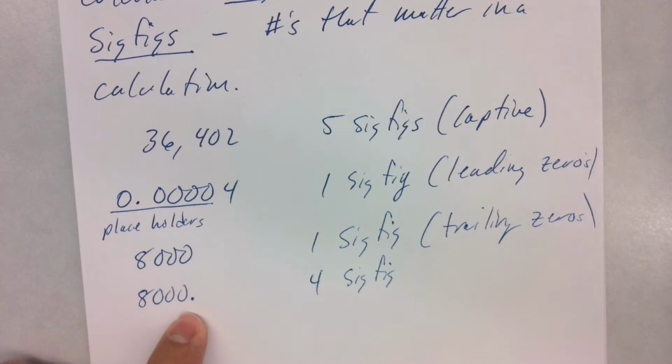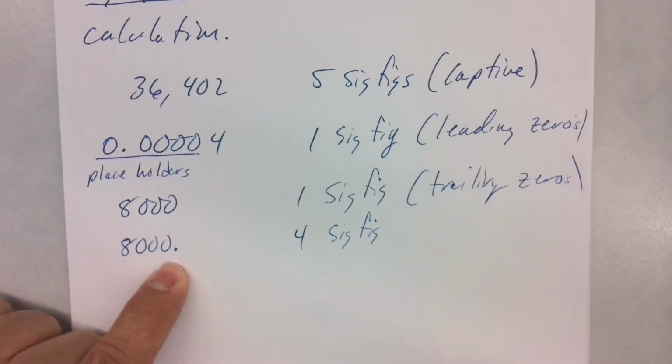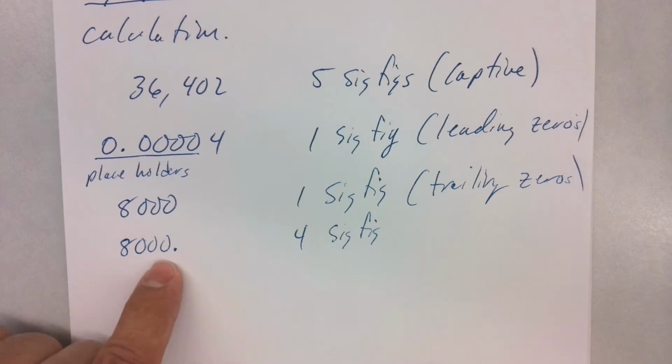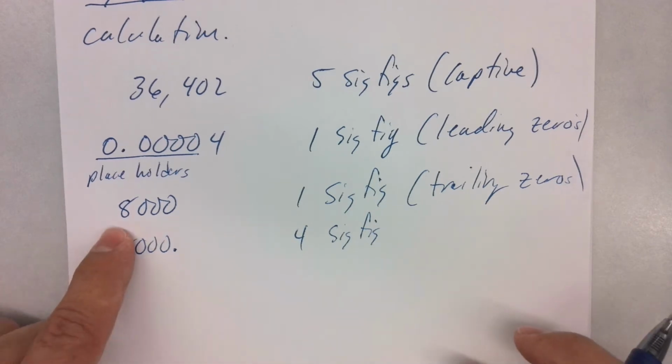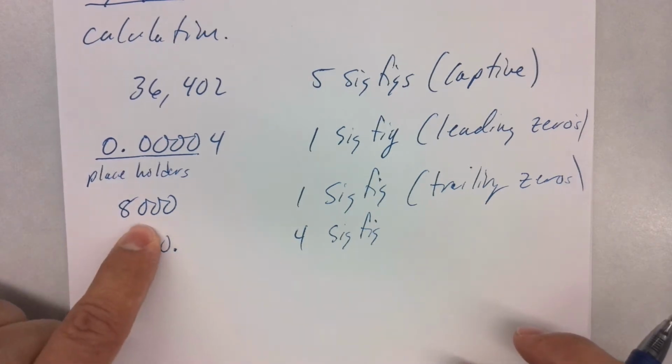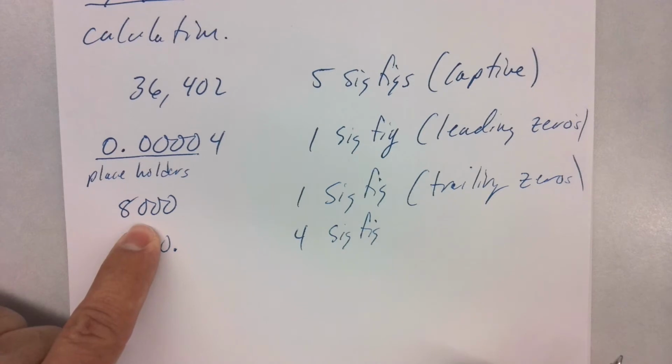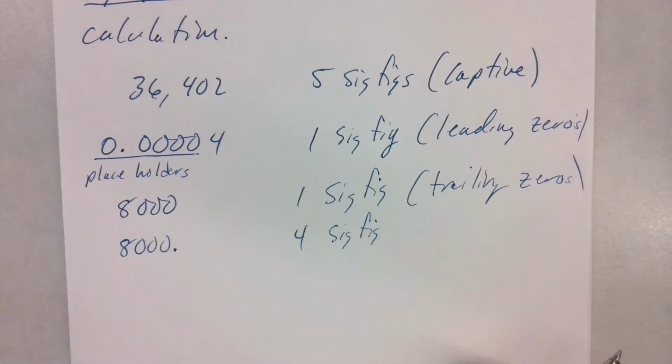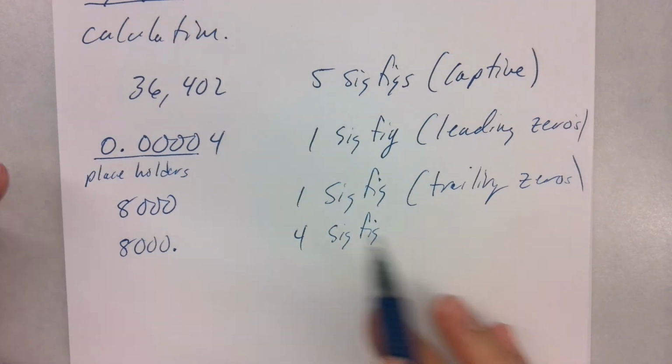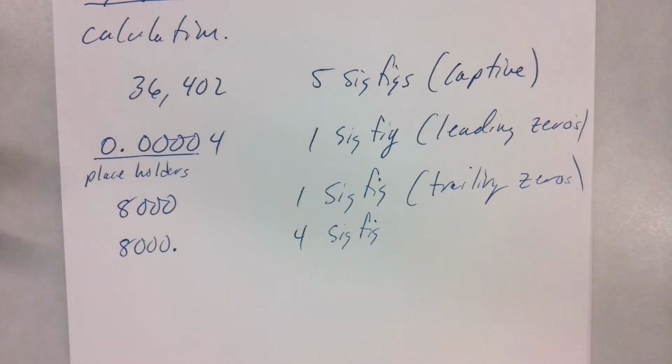What that decimal is trying to tell you is that I actually measured that, and it came out to be exactly 0. A lot of times in a number like this, the number's been what, you think? I heard it. It's been rounded. If it's rounded, you really don't know. So if it's been rounded, I can't say I've got a whole bunch of significance there when I really don't.